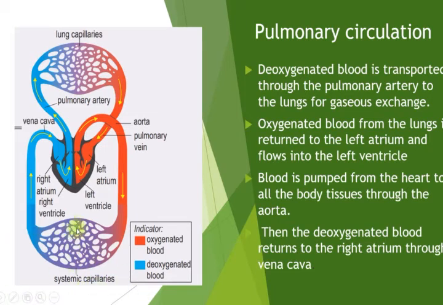So here it contains deoxygenated blood because it has a high content of carbon dioxide. And then the deoxygenated blood returns to the right atrium through the vena cava. That is referred to as the pulmonary circulation and also the systemic circulation.